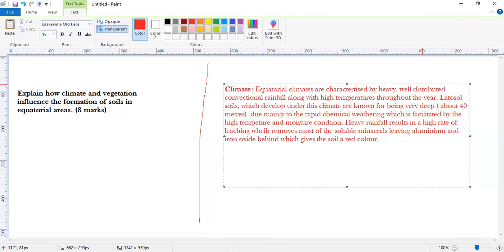So notice what we're doing, we're actually saying how certain characteristics that are developed in the soil are related to the characteristics of the climate. And we want to do the same thing for vegetation.